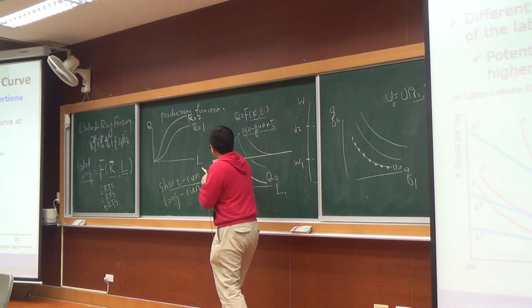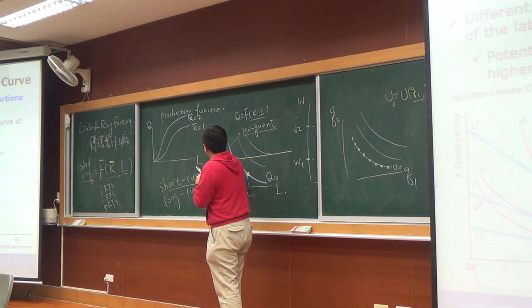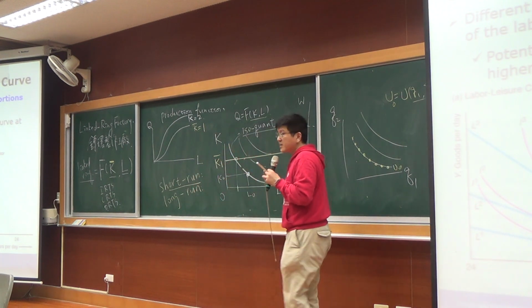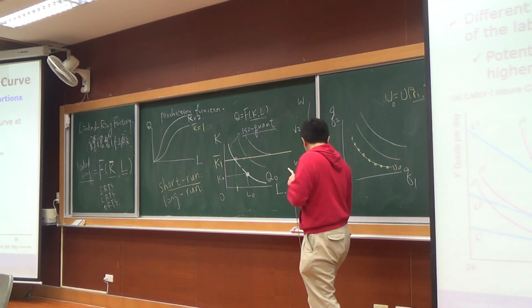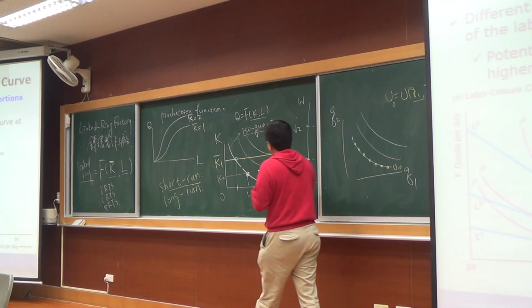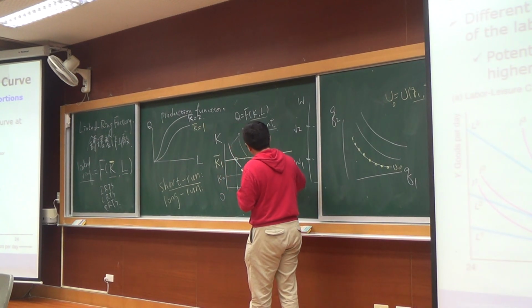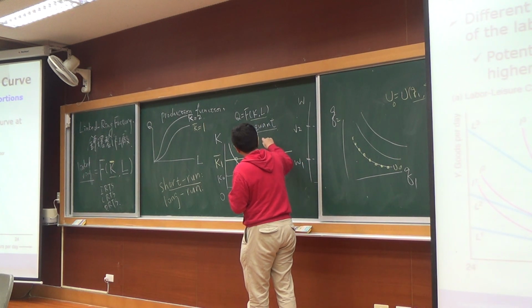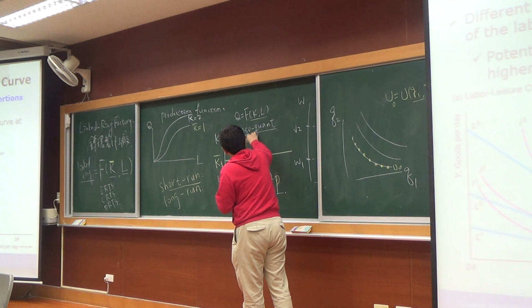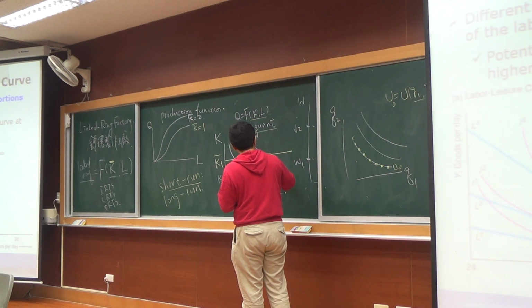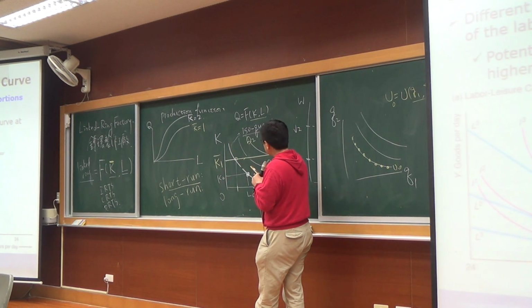If I code this as capital 1, fix the capital at this level, and I code these Q0, Q1, and Q2, okay?